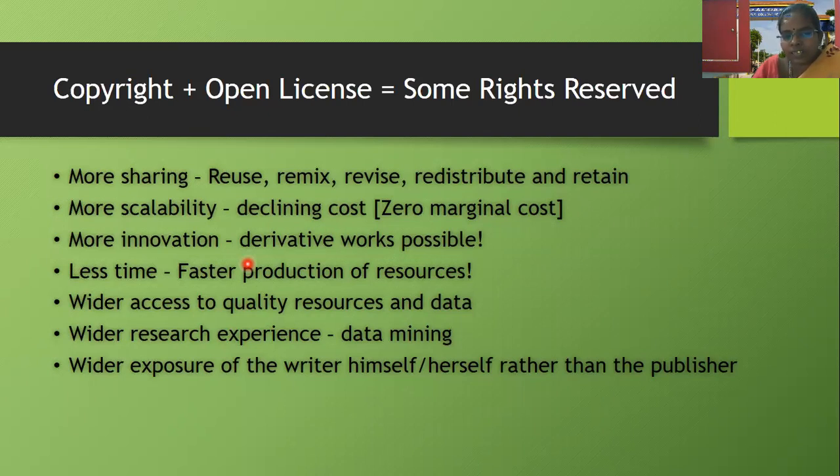It takes less time because of faster production of resources. It gives wider access to quality resources and data, a wider research experience for data mining, and wider exposure of the writer himself or herself rather than the publisher. So for that we are using Creative Commons licenses.